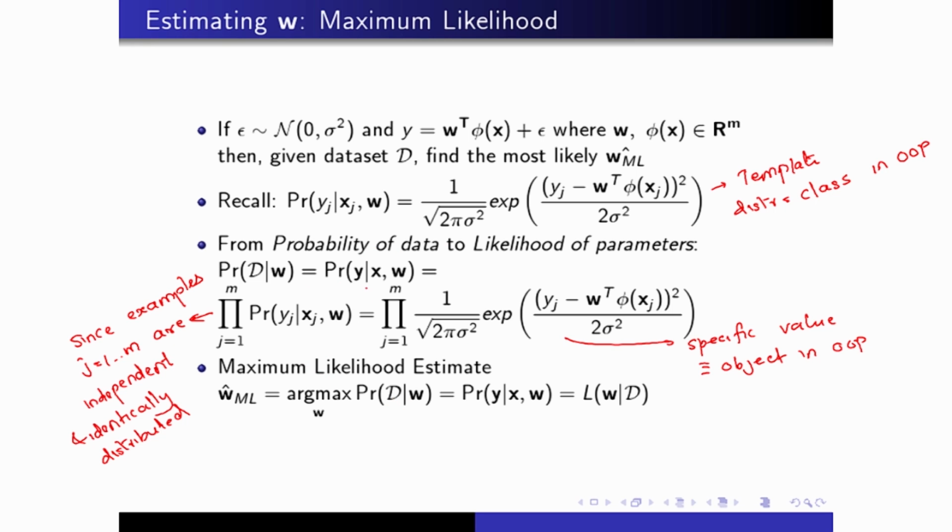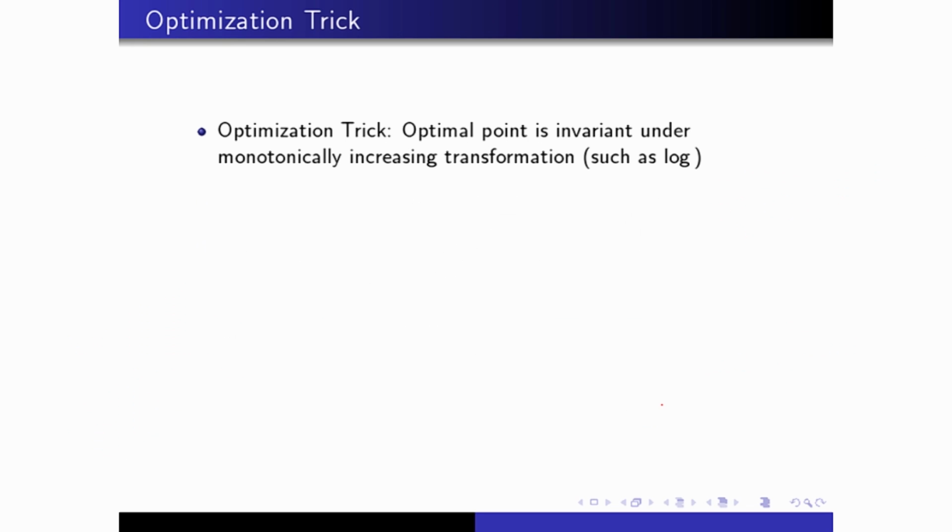So from probability of data, here we move to likelihood of parameters, which we see here. So here we are finding the maximization or maximum over all possible weights of the probability of data given W. So this is also called the likelihood function, L of W given D. What will it turn out to be in this case? Well, a little bit of working around.